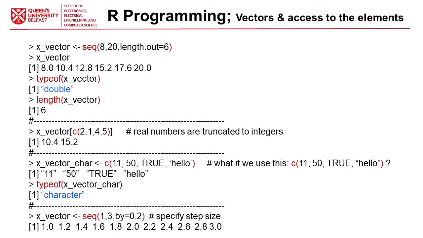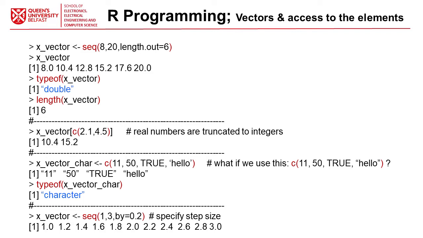And what about this one? Again, we can have a vector of different data types: logical, string, and double. What is important here is single quote versus double quote. If you use double quotes, you will get an error. So you have to use single quotes.